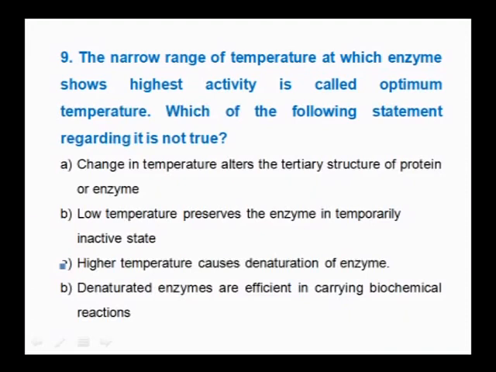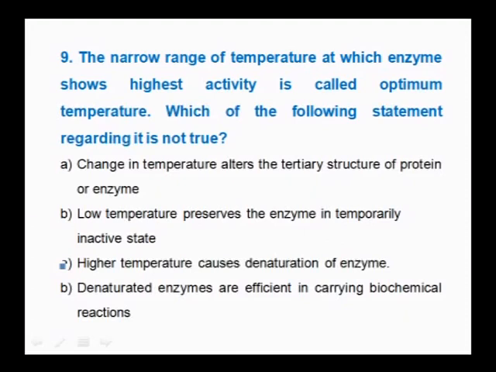And D, ES is a short-lived, highly reactive, as well as option C goes like this: higher temperature causes denaturation of enzyme, and option D, denatured enzymes are efficient in carrying biochemical reactions. So the options are A, B, C, D, out of which we can identify this.